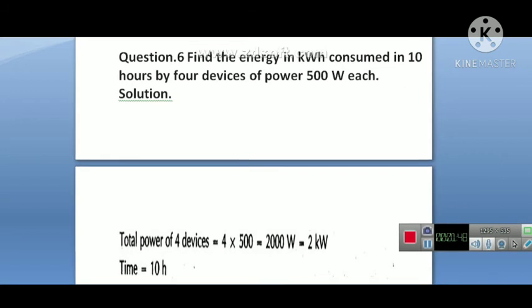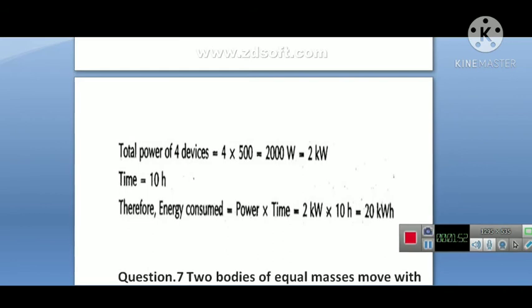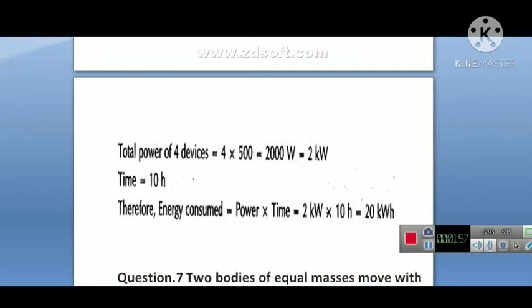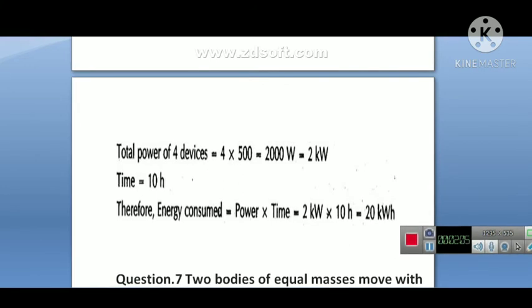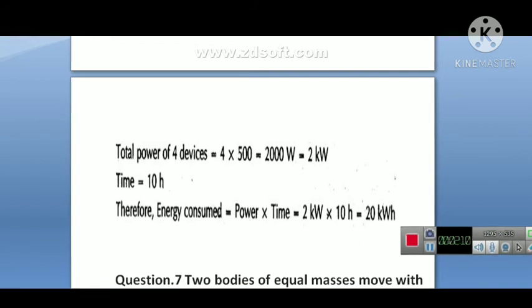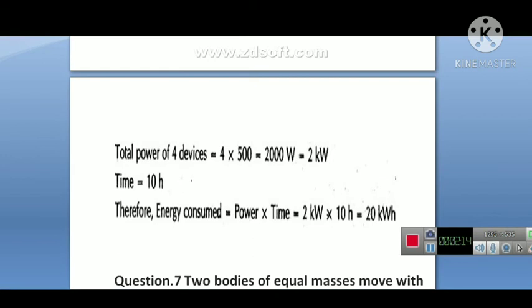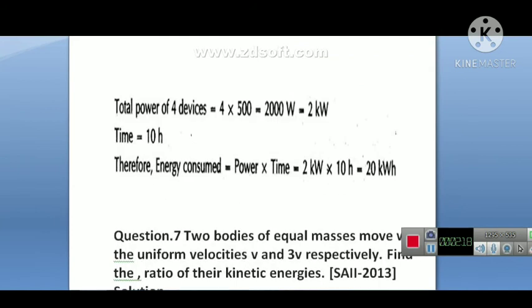We will get the answer in watt hour. That watt hour we have to convert into kilowatt hour. So total power of 4 devices will be 4 into 500, equal to 2000 watt, and 2000 watt is equal to 2 kilowatt. Time is given as 10 hour, and energy consumed by those 4 devices can be calculated by the formula power into time. So 2 into 10 equal to 10 kilowatt hour.